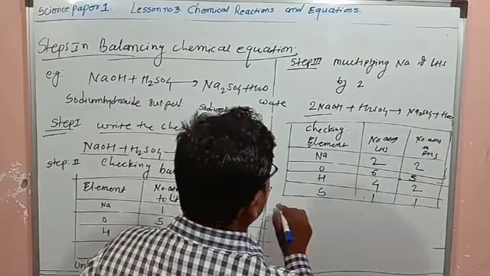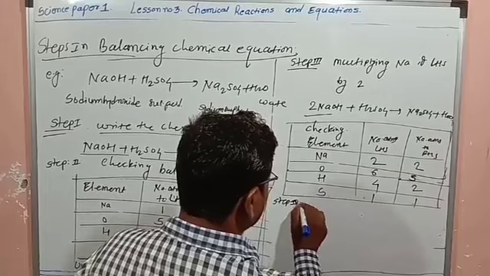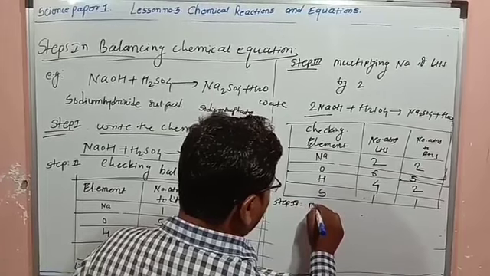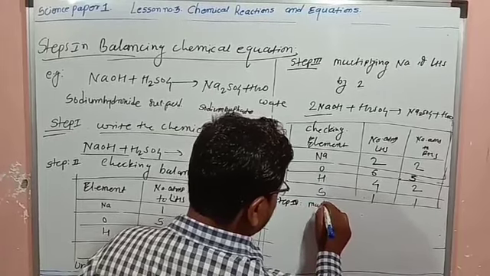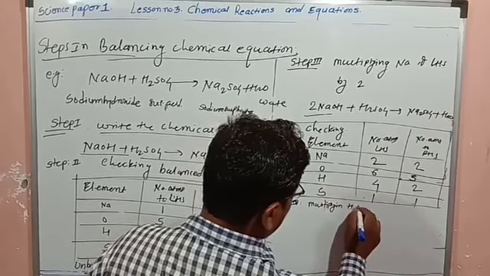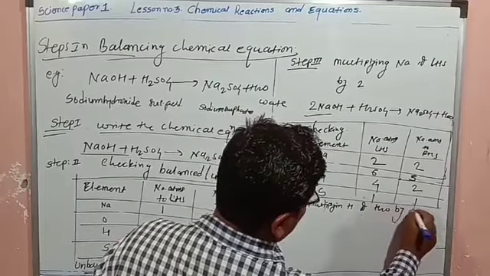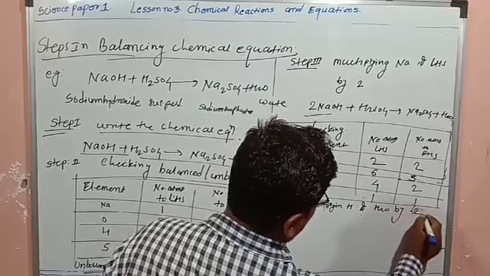So the next step, step number 4: multiplying the hydrogen of H2O by the factor 2.